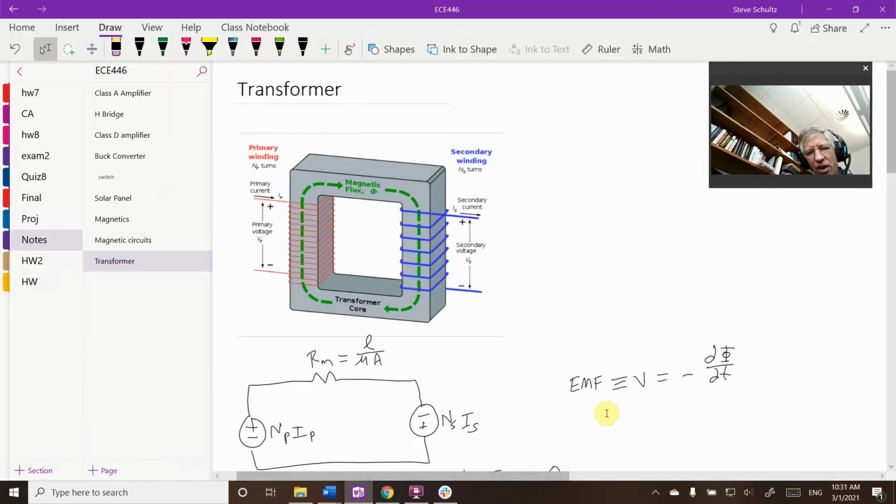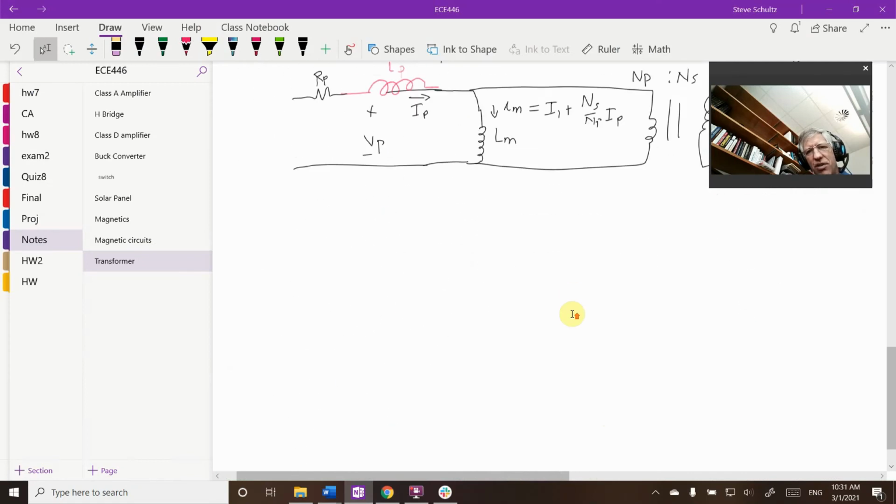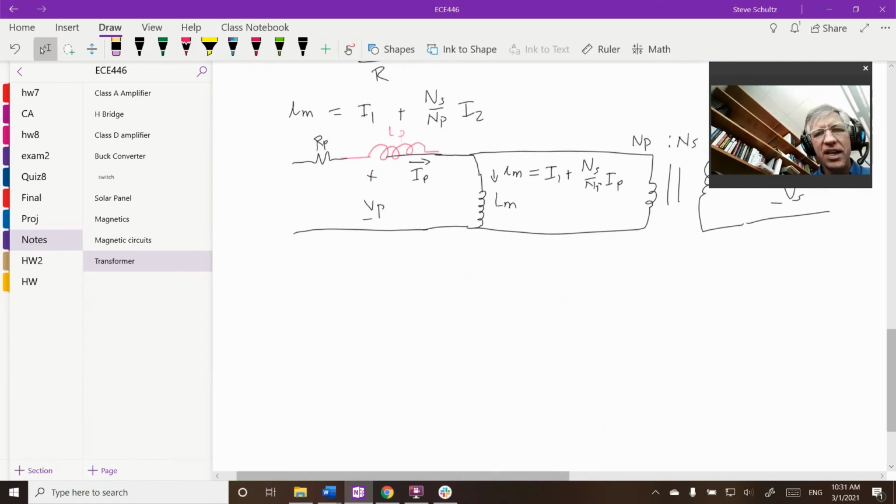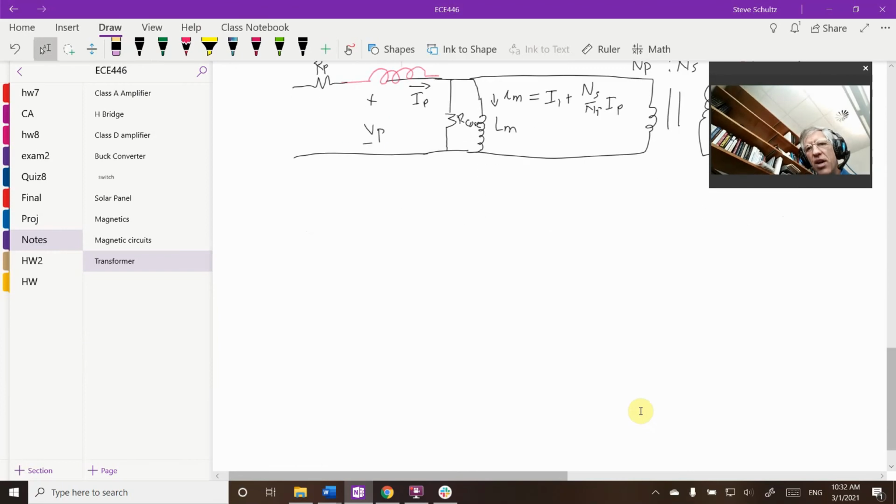So how do I model these two effects? Well, I'm going to put in a resistor, and that's going to be called a core resistance. Let's now redraw our transformer model.